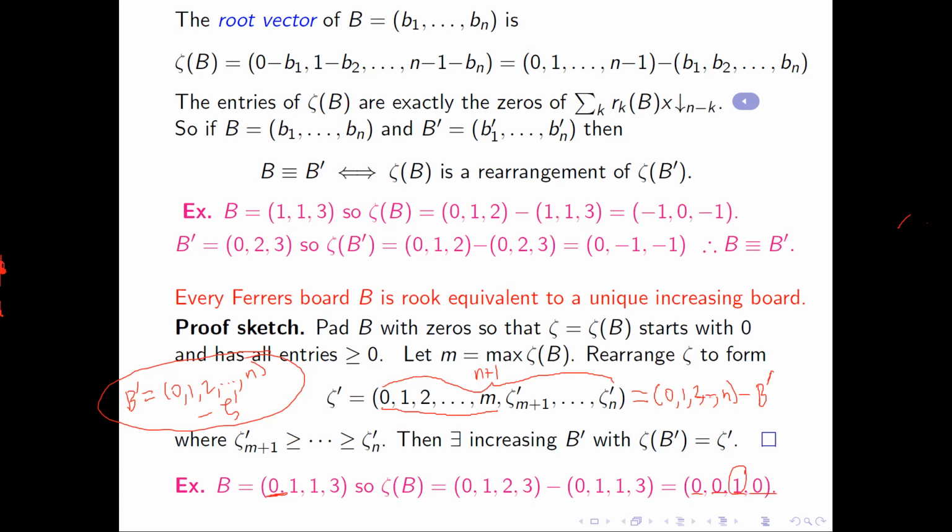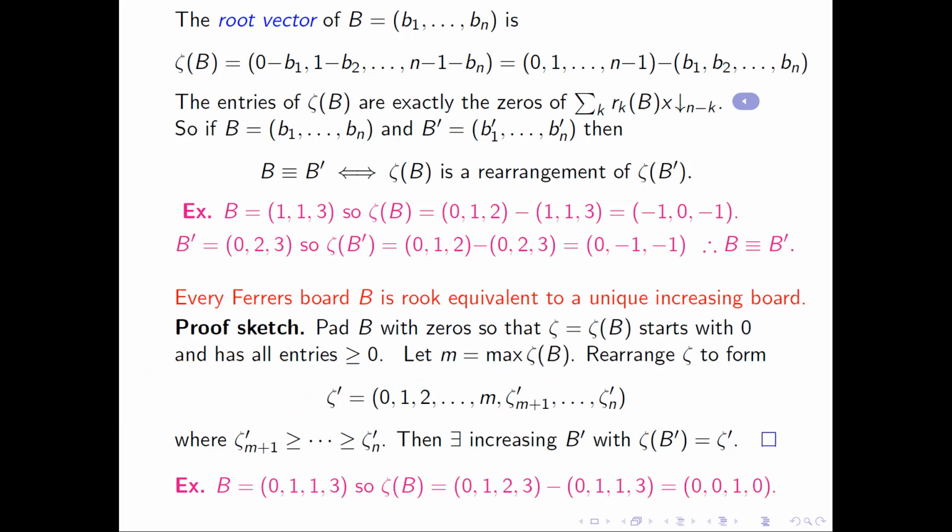And then it says to rearrange it so that there's a perfect stair-step increase starting from 0 up to that maximum entry. Well, that means we're going to have to shift some things just slightly in here, okay? So like this. So that means zeta prime is 0, 1, and then 0, 0, right?